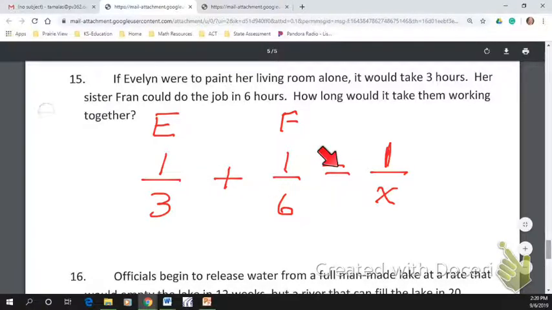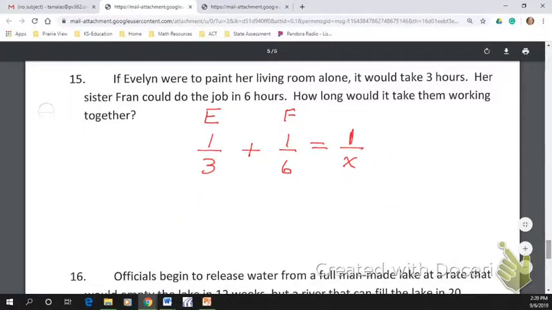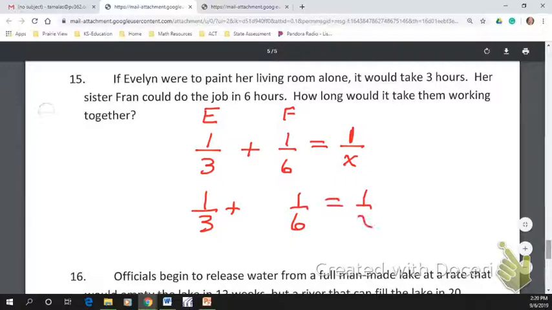Now, this is an equation, so I can get rid of the fractions by multiplying by that common denominator. So I'm going to take every one of these and multiply it times 6x. So I will rewrite 1/3 plus 1/6 equals 1 over x, and I'm taking every term times 6x.